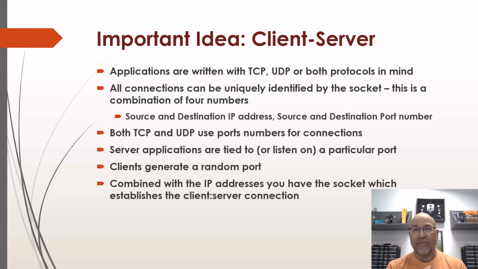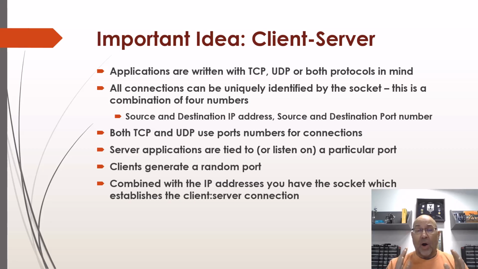Now, before we dive too deep into this, a really, really important idea is client server. So if you have a handle on client server, then your life will be easier when you're talking about what goes on at layer 4. When we write a protocol, when we write an application, it's written with a protocol in mind. So this application is going to be either TCP or UDP.